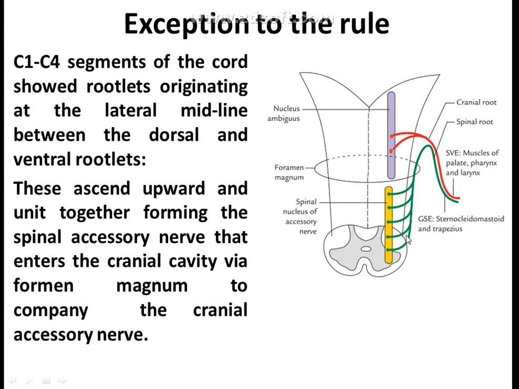But these midline rootlets ascend up, enter the foramen magnum, running inside the skull, uniting with the cranial root of the accessory nerve that originates from the medulla oblongata, and both nerves exit out of the skull via the jugular foramen. The spinal accessory supplies the sternomastoid muscle and the trapezius muscle, while the cranial accessory goes to muscles of the pharynx, larynx, and palate.